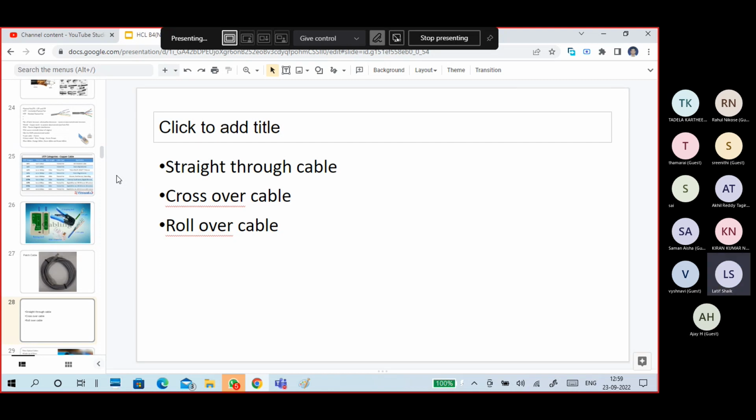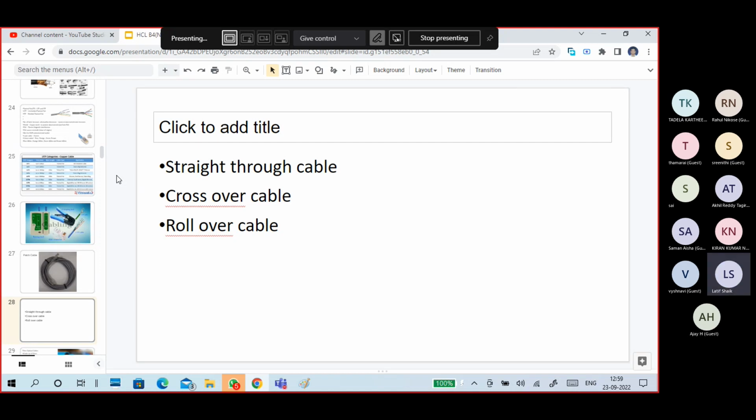Crossover cable is a different combination, a different color combination of internal wires. I'm not going into that depth. Crossover cables are used to connect PC to PC, switch to switch, router to router, router to PC.